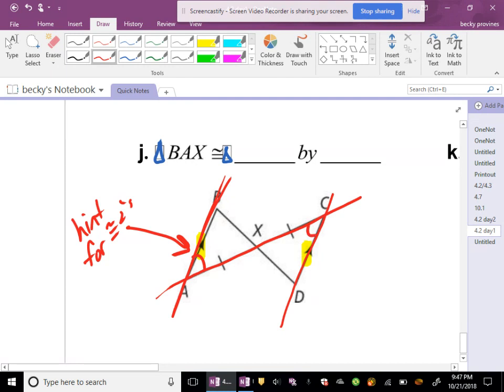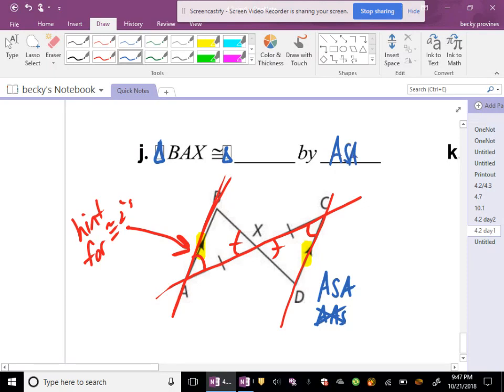So those angles need to be drawn in. And I also know that here in the middle, I have vertical angles. So I have 2 angles and a side. So you have the choice of angle, side, angle, or angle, angle, side. So you need to choose between those 2. And hopefully you're saying angle, side, angle.